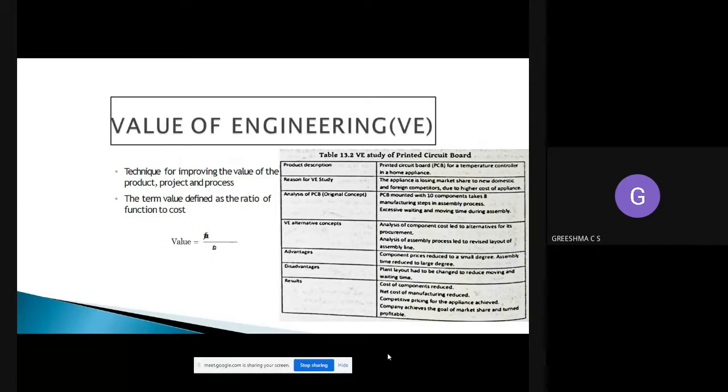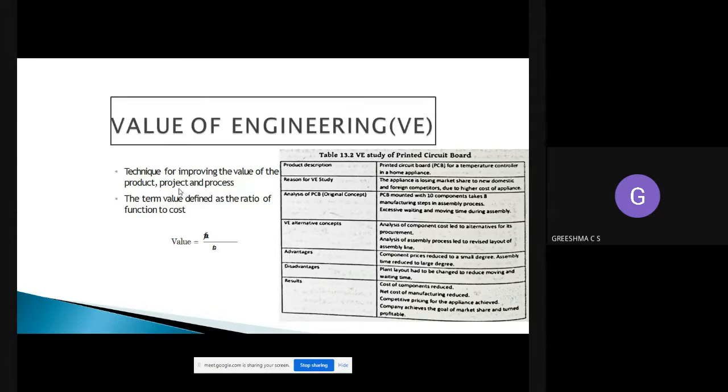So what do you mean by value engineering? So value engineering means it is actually a technique for improving the product, project and process. Okay, so value engineering, it is a process of improving a product and its project and the whole process. Okay, so how you define value engineering? It is actually ratio between the function of the product to the cost of the product.